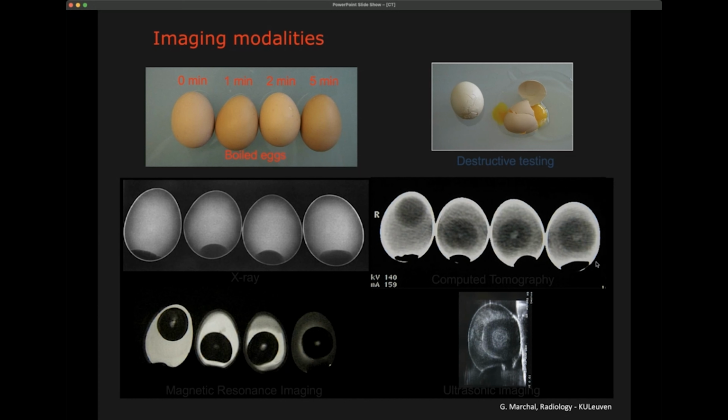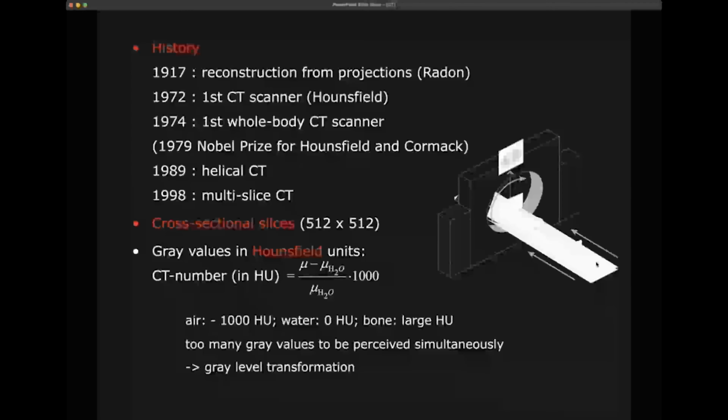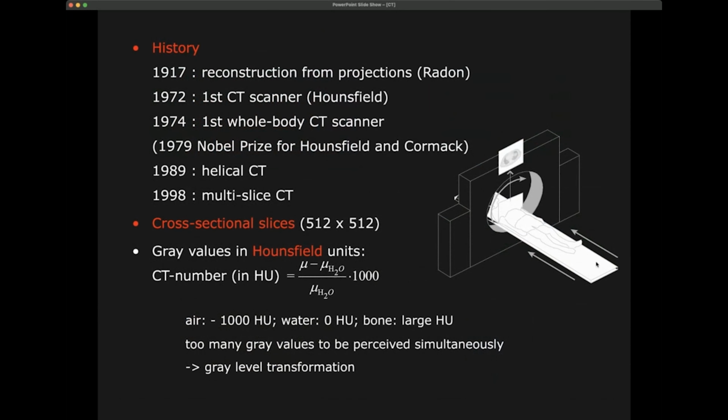So now the question is, how do we make these images, and what are the typical properties of these computed tomography images? That's what we're going to try to cover today. Very briefly, computed tomography is relatively young. It's already some time here, but it originally started from the theory.